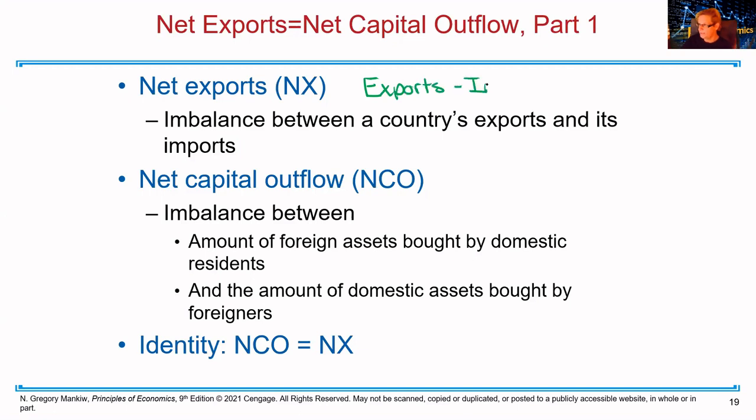Okay, so net exports, again, is the difference between what we sell minus what we buy. Net capital outflow says, well, what's the amount of foreign assets by domestic residents? So this is a US citizen buys Sony stock. And what's the amount of domestic asset bought by foreigners?